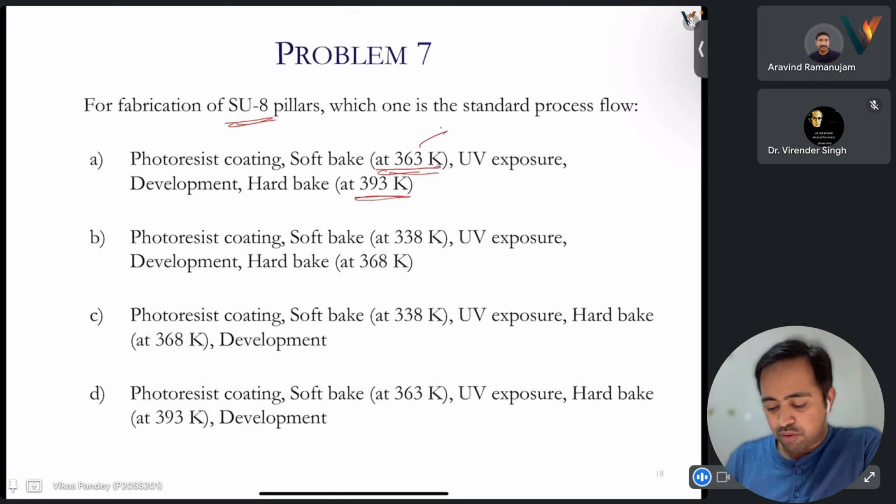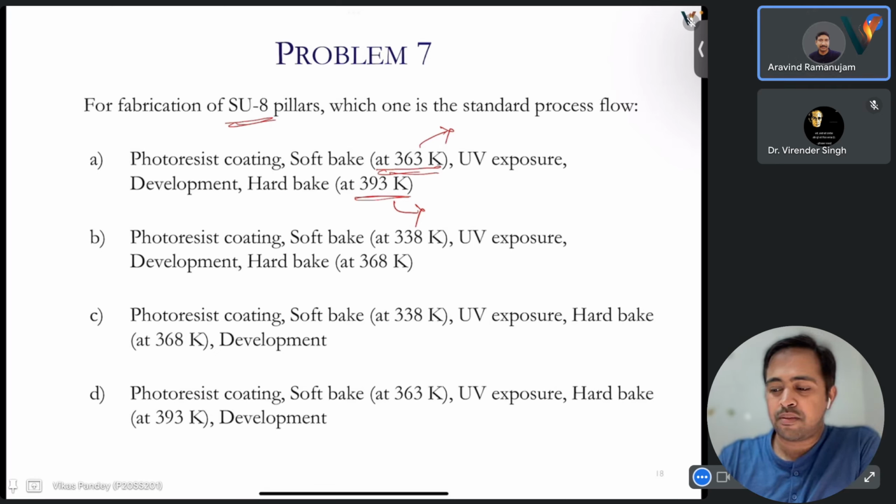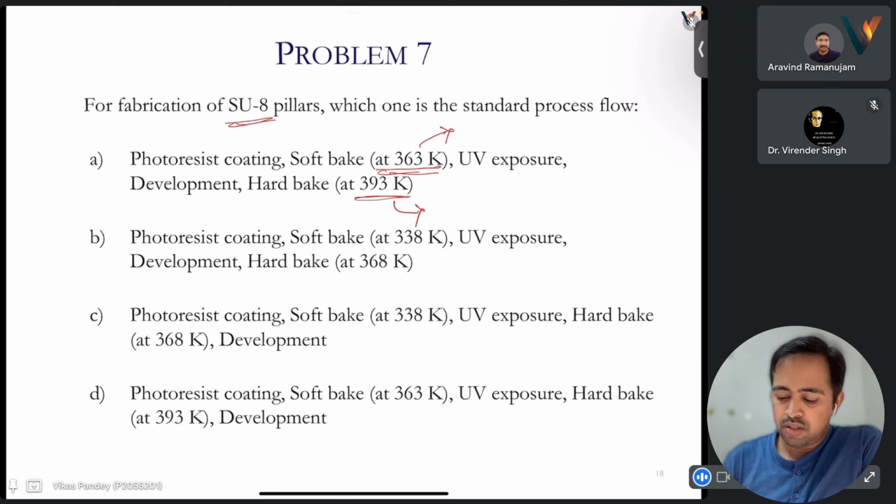So what is the value of this in degrees Celsius? Minus 273. So it will be almost 90 degrees, and then this will be 120 degrees.